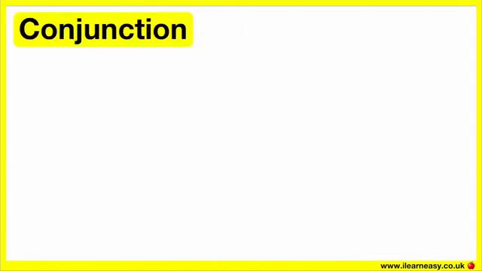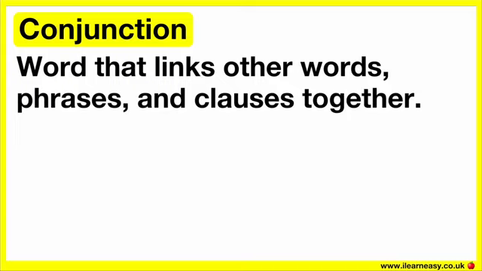A conjunction is a word that links other words, phrases, and clauses together. So a conjunction is a linking word. By linking different parts of sentences, conjunctions allow us to formulate longer and complex sentences.